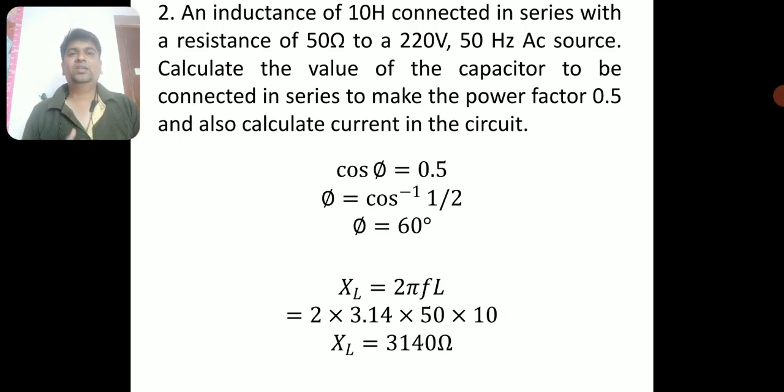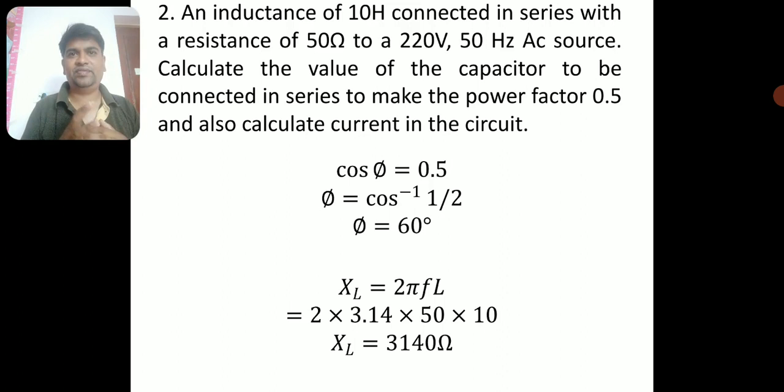Right? The first thing is to write down the data. Inductor is given, resistor value is given, and the applied voltage is 220 volts and the applied frequency is 50 Hertz.